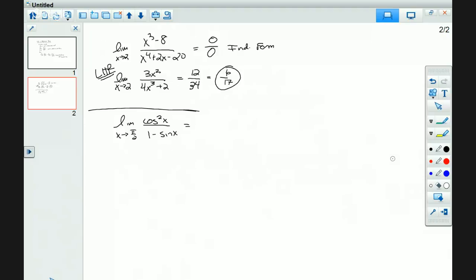Plug and chug. It's a different problem. What's cosine at pi over 2? You have to plug and chug these first. 0. Bottom. Okay. It's an indeterminate form, right? Be sure of your answers. Okay, now, so we can use L'Hopital's rule, right?